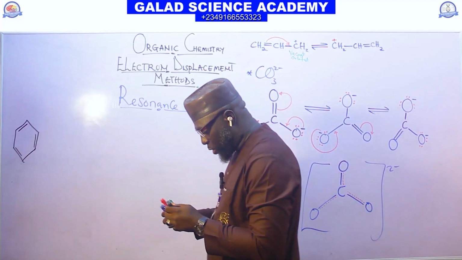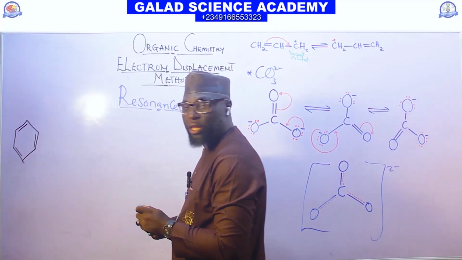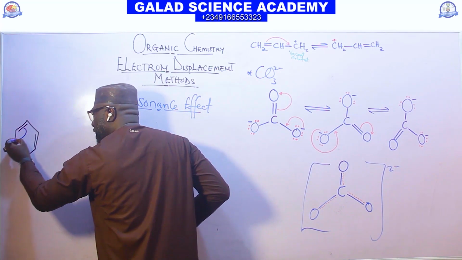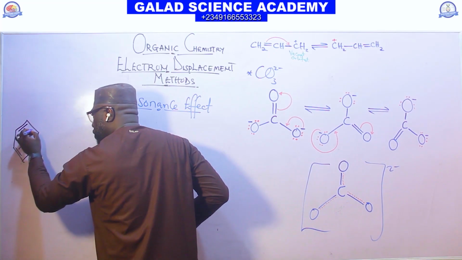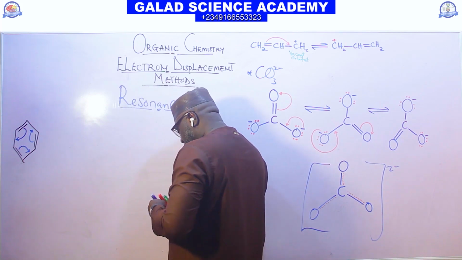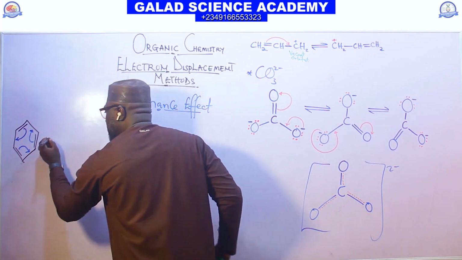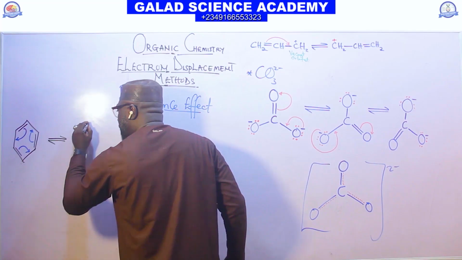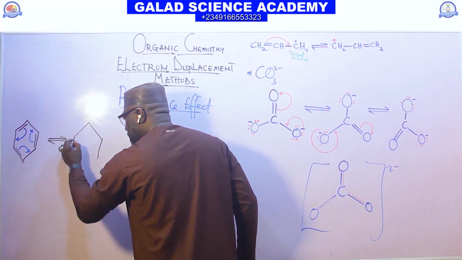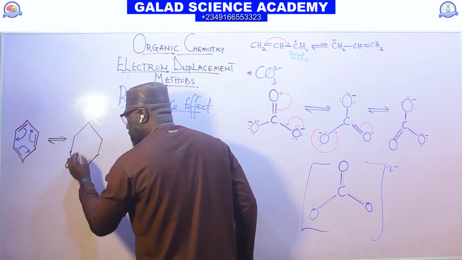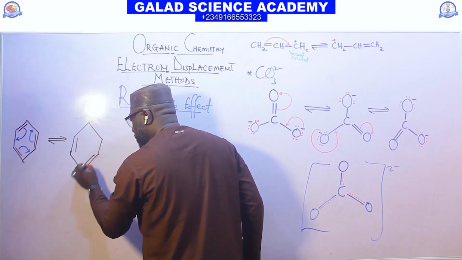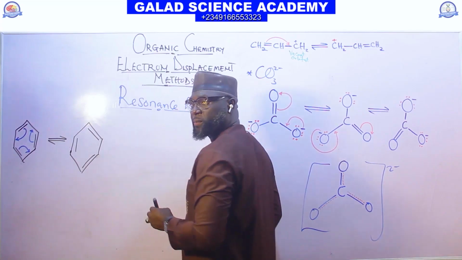So in this benzene, if I decide to take this pi, it will come to this side. This one will come to this side. This pi will go to this side. If that happens, we have bond here, bond here, bond here.